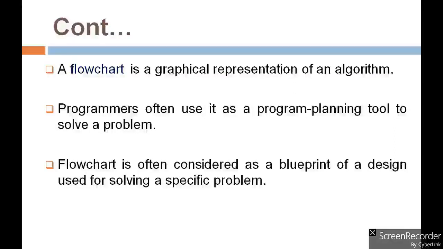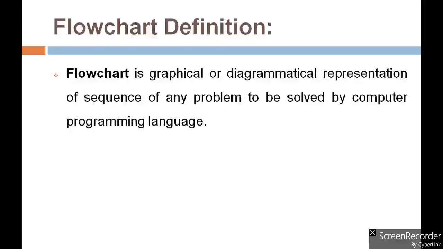Flowchart is often considered a blueprint of a design used for solving a specific problem. So we can say the definition like this: a flowchart is a graphical or diagrammatical representation of the sequence of any problem to be solved by a computer programming language. So this is all about the definition of a flowchart.